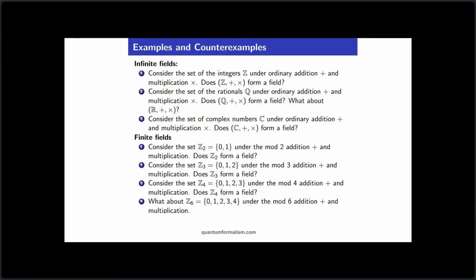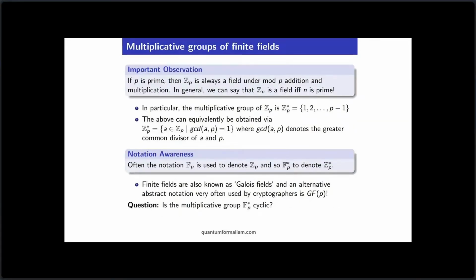And this brings me to the next observation. I could have framed this as a theorem, but I just put it as a note. So if P is a prime, then ZP is always a field under mod P addition and multiplication.